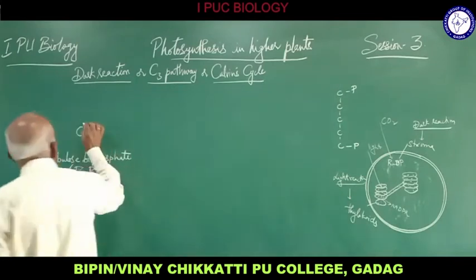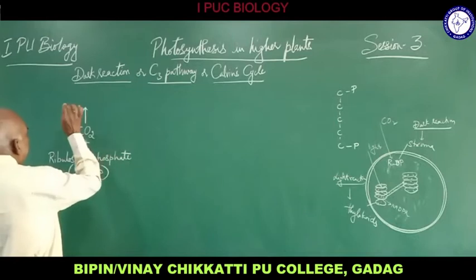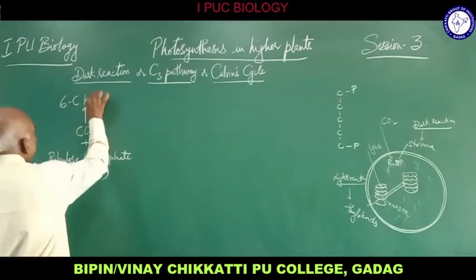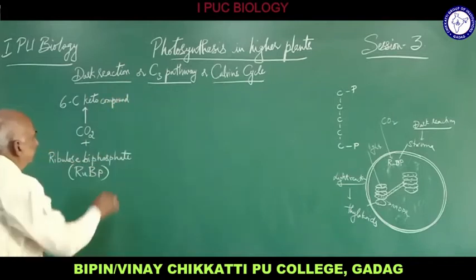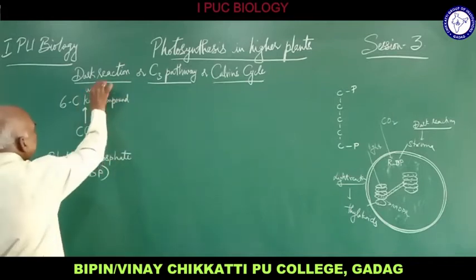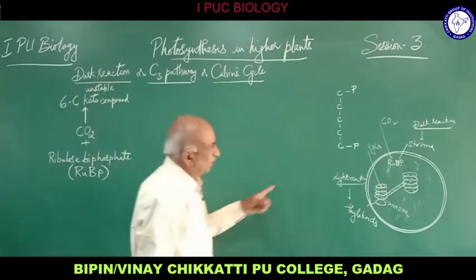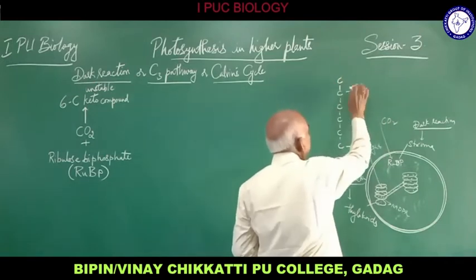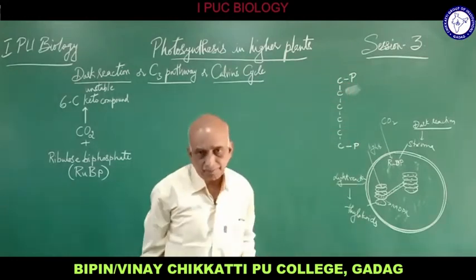When it combines with ribulose biphosphate, this forms a 6-carbon keto compound, and it is an unstable compound actually. So when ribulose gets combined with CO2, one more carbon is added, and a 6-carbon compound is formed.